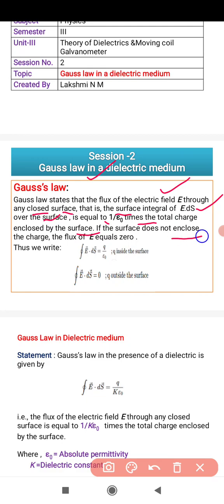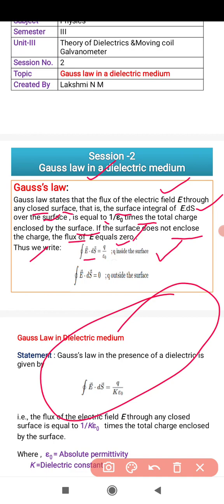If the surface does not enclose any charge, the flux is equal to 0. Thus we can write the integral of E dot ds equals Q divided by epsilon naught, Q inside of the surface.